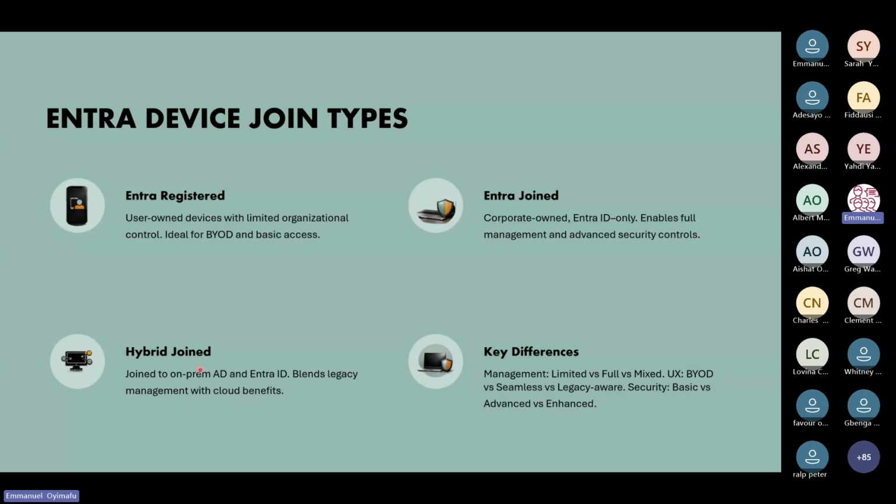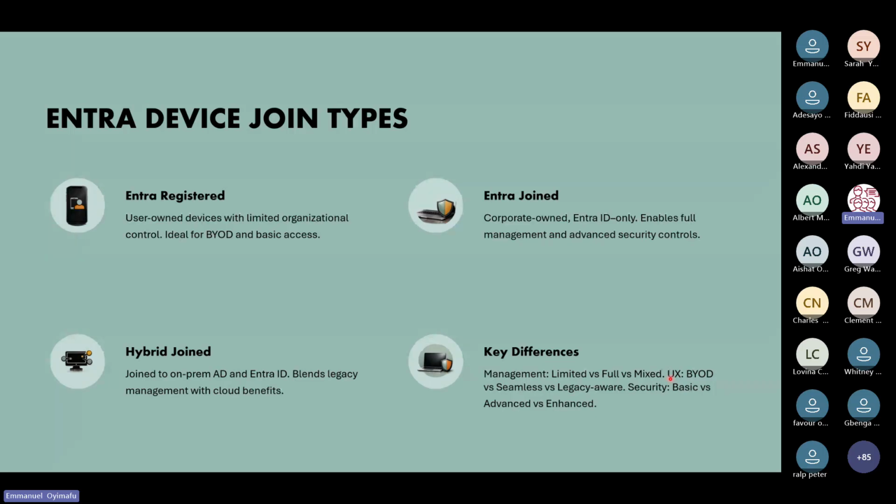So that's hybrid. So the key difference is that management now is limited for this first one, BYOD, which is Entra registered. The management is limited. While for Entra joined, the management is full. While for hybrid is mixed because it's combining local and cloud.